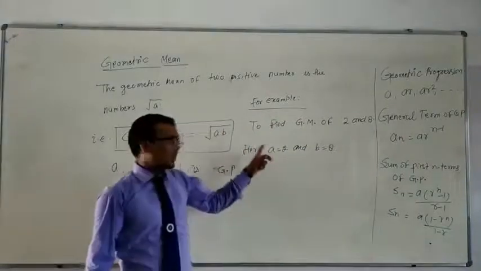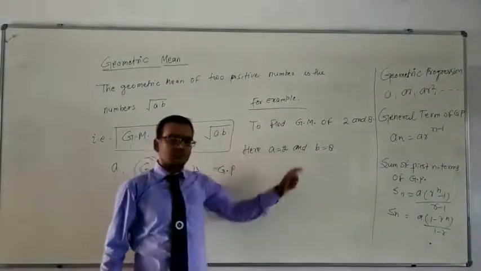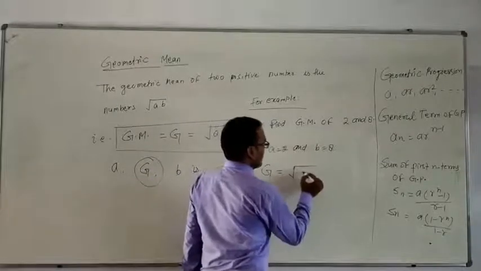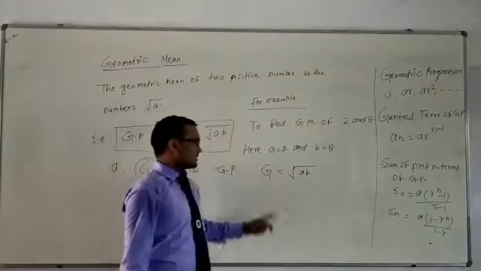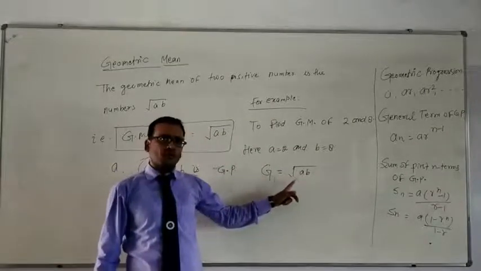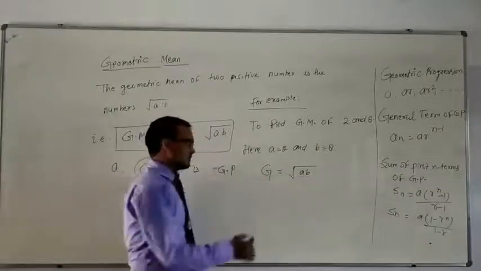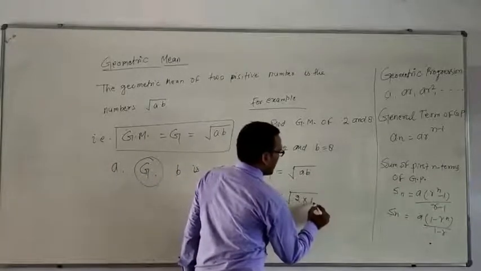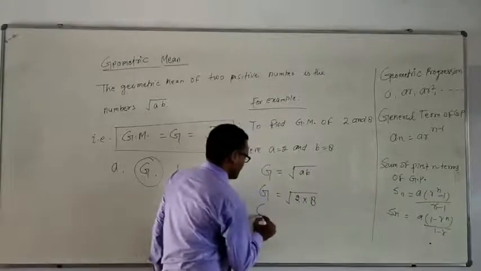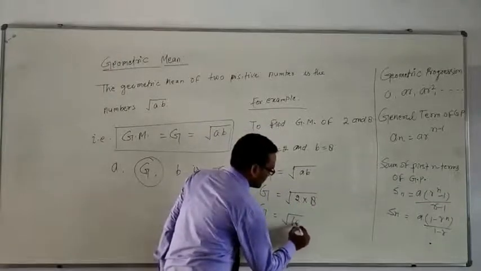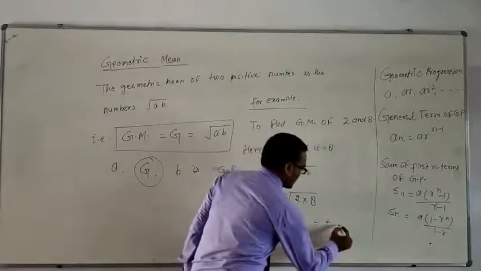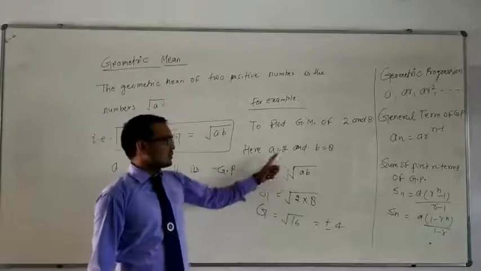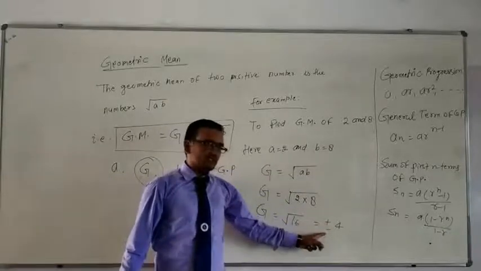We find the value of capital G, which is the square root of AB. G is the geometric mean of the two positive numbers A and B. G equals square root of 2 into 8, G equals square root 16, which equals plus minus 4. Here the geometric mean of 2 and 8 is plus minus 4.